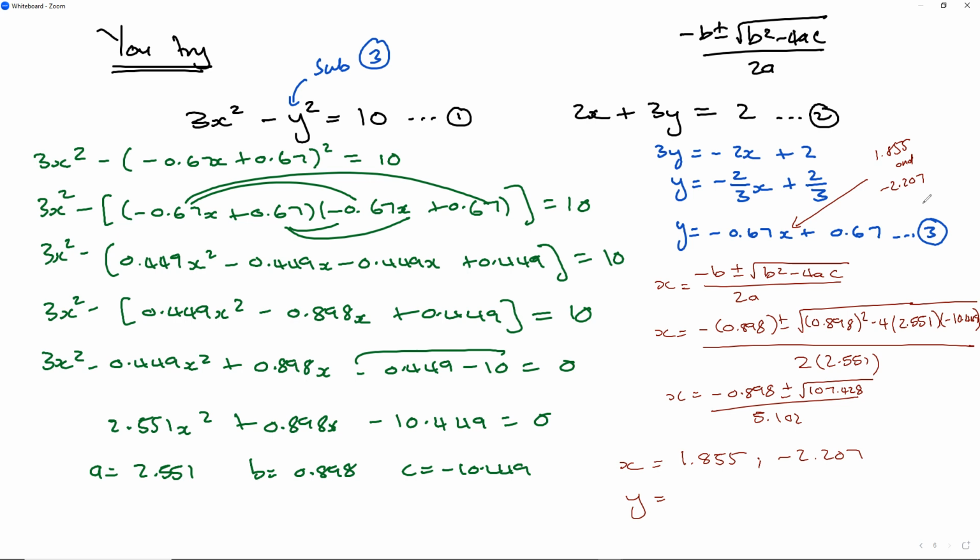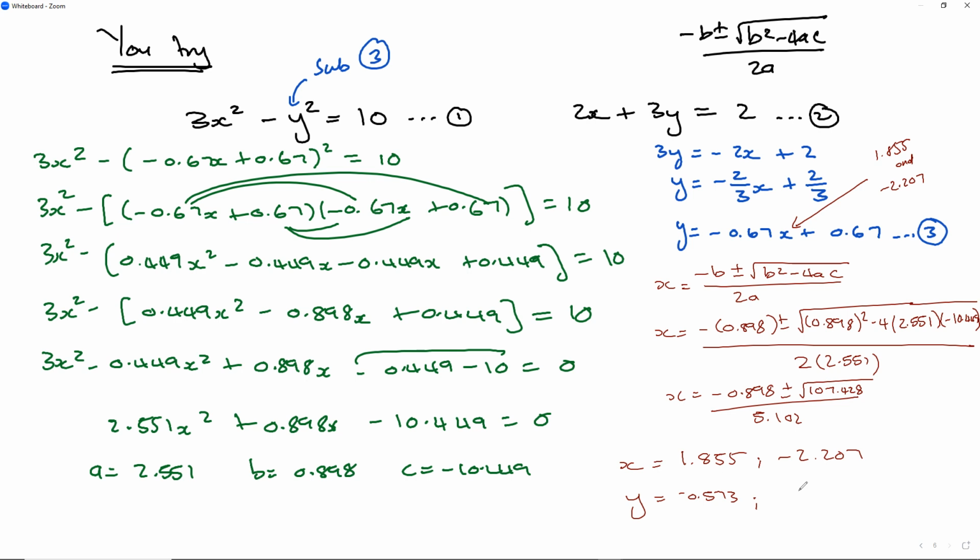So negative 0.67 multiplied by 1.855 plus 0.67 comes to negative 0.573 to three significant figures.